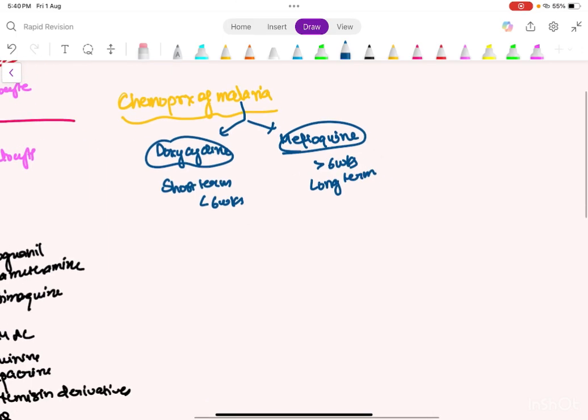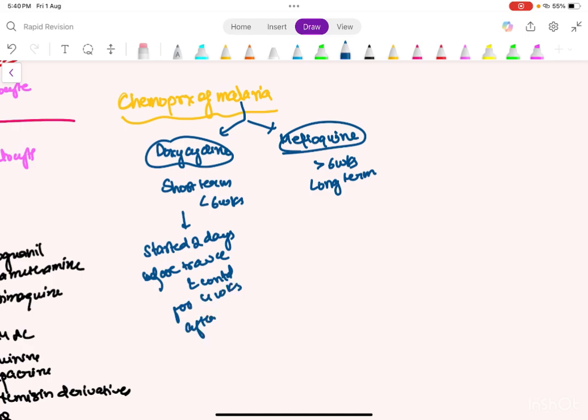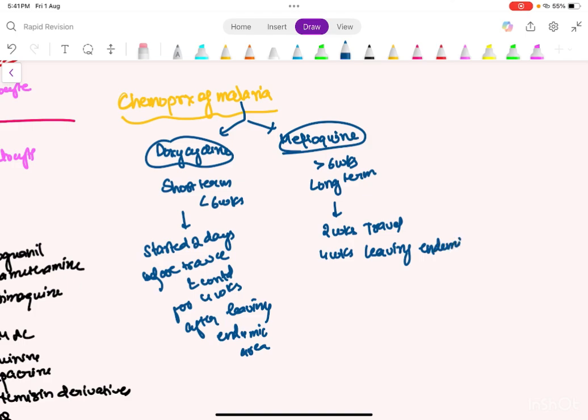Doxycycline is started 2 days before travel. They ask this question. It's continued for 4 weeks after leaving the endemic area. Long-term mefloquine is started 2 weeks before travel and continued 4 weeks after leaving the endemic area.